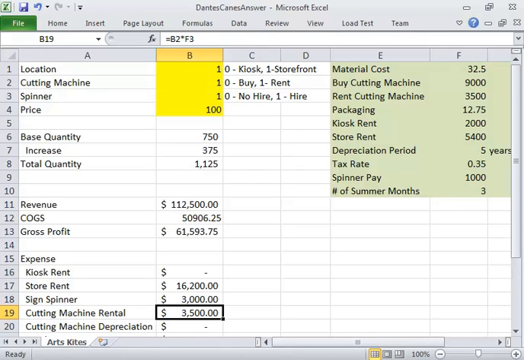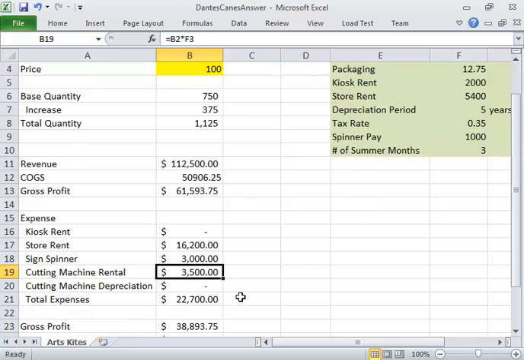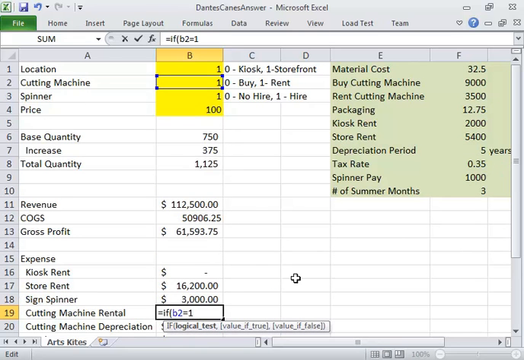And finally, we have our cutting machine rental and our cutting machine depreciation. If we are renting our cutting machine, B2 equals 1, then we should pay the rental price, else we should pay 0.